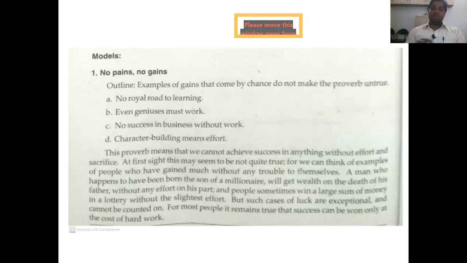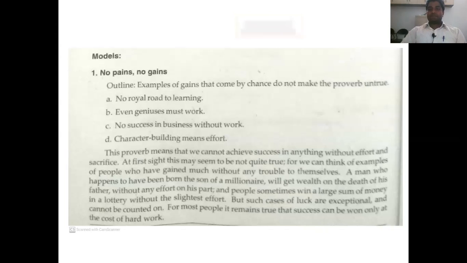A man who happens to be born the son of a millionaire will get wealth on the death of his father without any effort on his part. People sometimes win a large sum of money in a lottery without the slightest effort, but such cases of luck are exceptional and cannot be counted. For most people, it remains true that success can be won only at the cost of hard work.